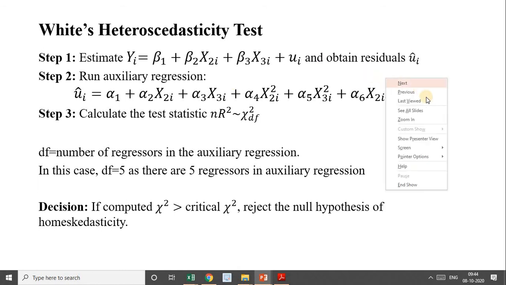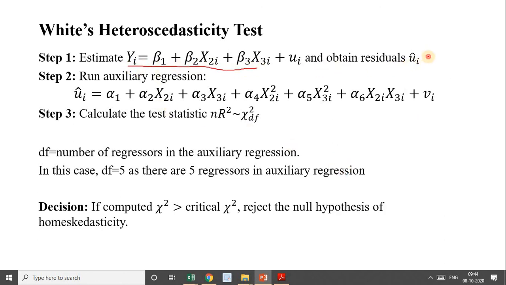Okay, so what we are doing here, we are running a regression and taking the U cap as the dependent variable and all remaining x as the independent variable, and we are multiplying n with r square and this follows chi-square distribution. Okay, then here the df is equal to the number of independent variables in your regression analysis.